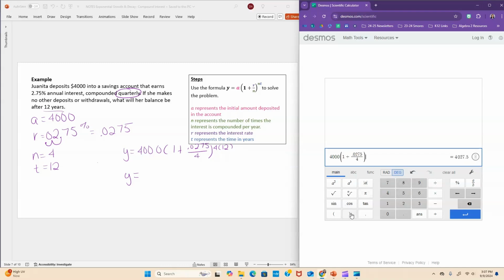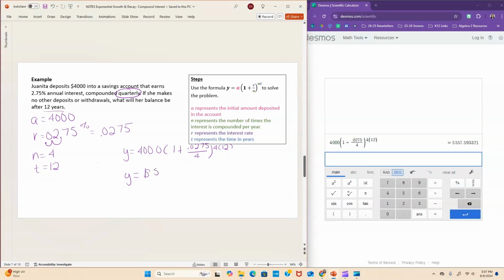And then we're going to close the parentheses and raise that to the 4 times 12 power. Okay, so we go ahead and hit enter, and it tells us that she will have $5,557.59 in her bank account after 12 years.